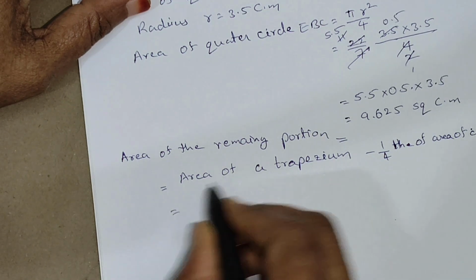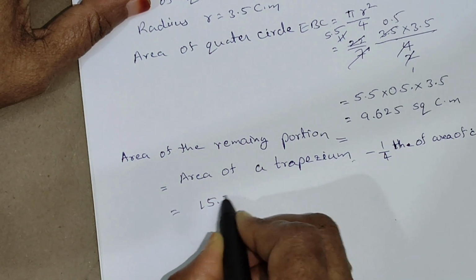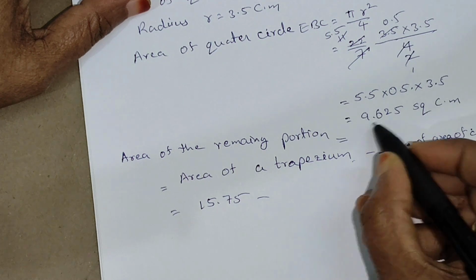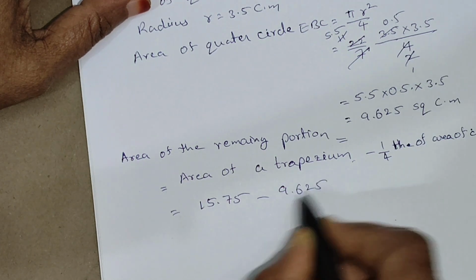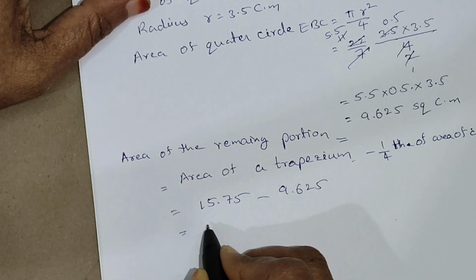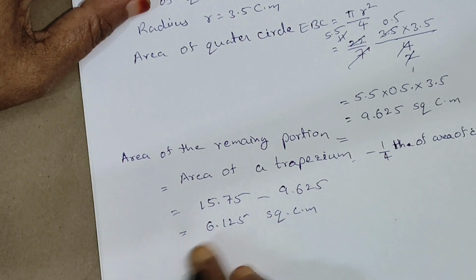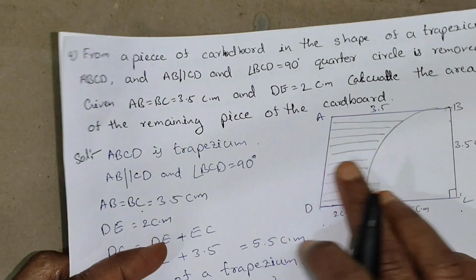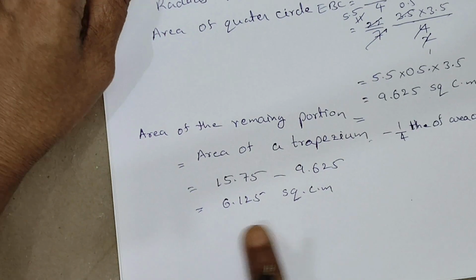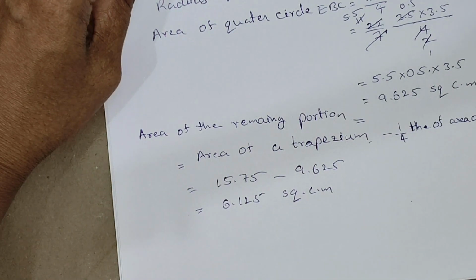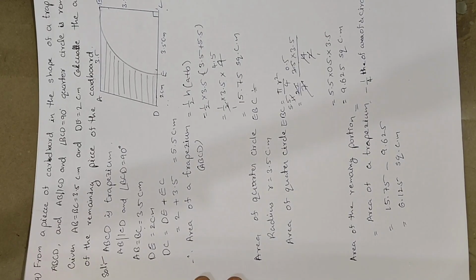The area of the trapezium is 15.75, and 1/4th is 9.625. Simplifying these two, we get 6.125 square centimeters. This is the final answer, the area of the shaded region. This is the complete solution of the 9th question.